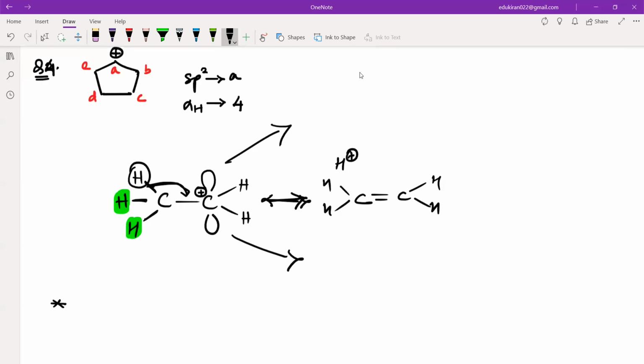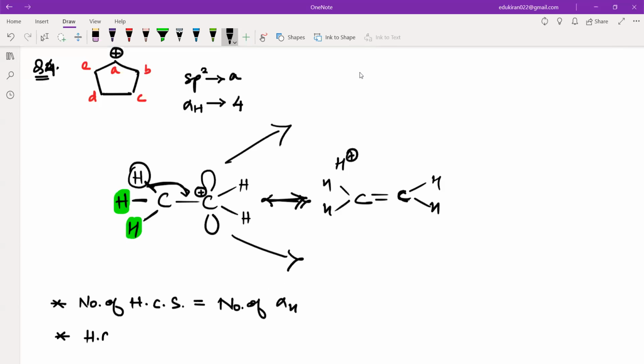So we will write: number of hyperconjugating structures is equal to number of alpha hydrogens. Since we are making a bond with a carbocation, the positive charge on this carbon atom is decreased for a while. That means hyperconjugation is giving stability to the carbocation.